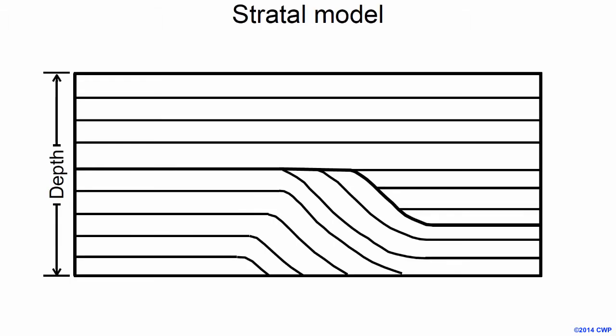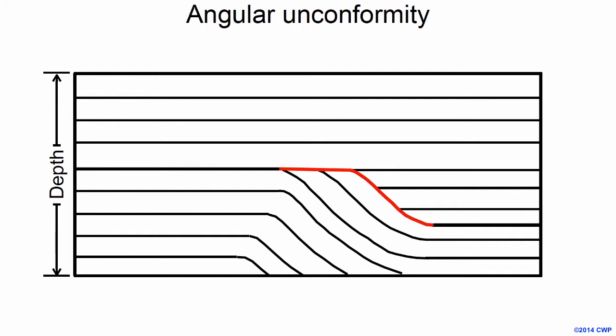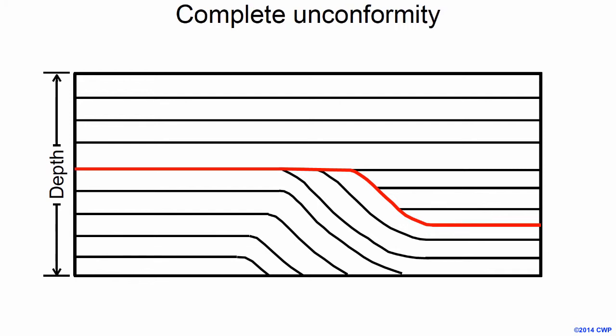Before that, let me use a simple synthetic model to explain a little bit more about the unconformities. From this simple model, the angular unconformity can be easily recognized because the terminations are apparent here. This angular unconformity is usually tracked into its corresponding correlative conformities, as denoted by the blue lines here. And these three parts, the angular unconformity and the correlative conformities, together form a complete unconformity as shown here.